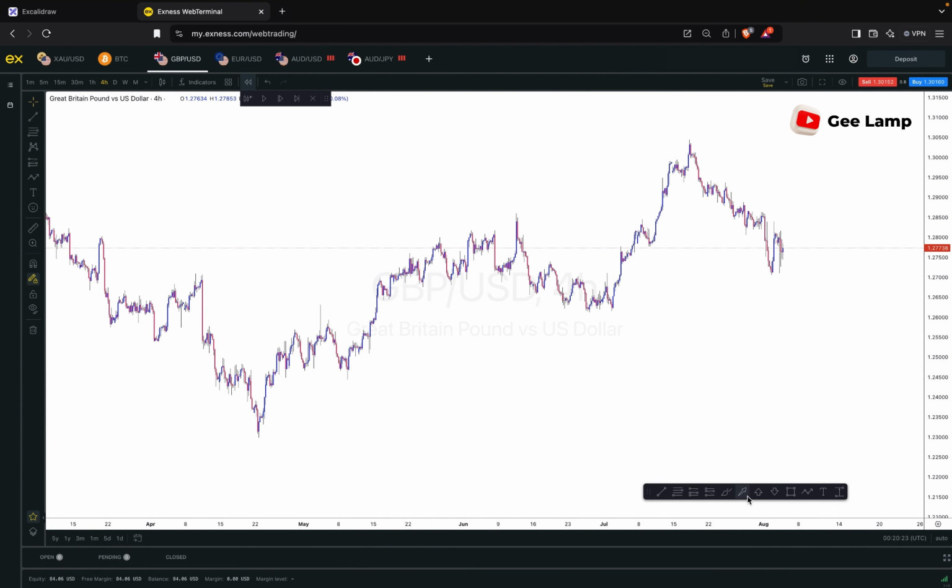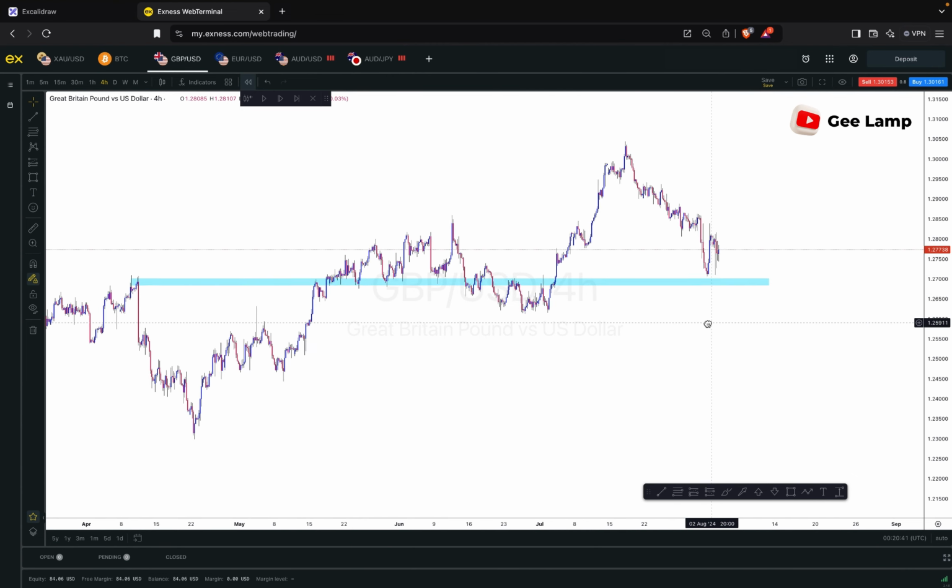Okay, so when I look at this chart, I have this area here. Okay, so we had this resistance, support, support, support, resistance, resistance. So here price is getting close to that area again.